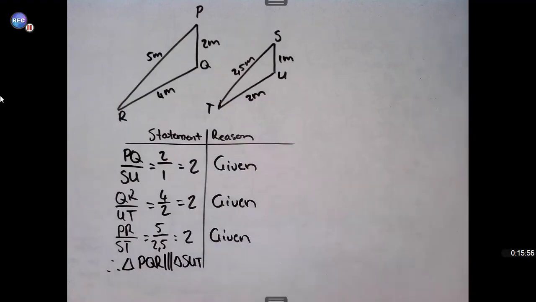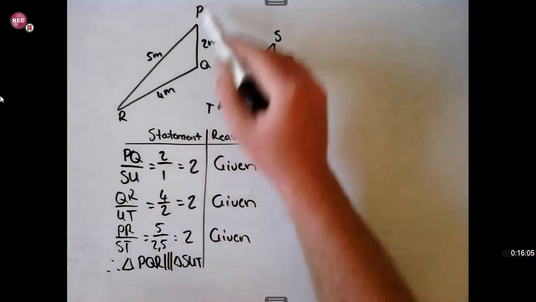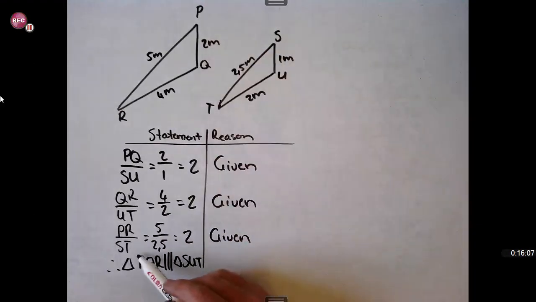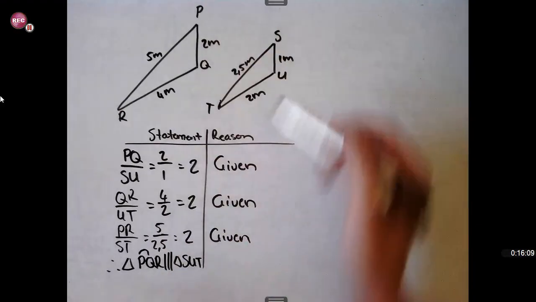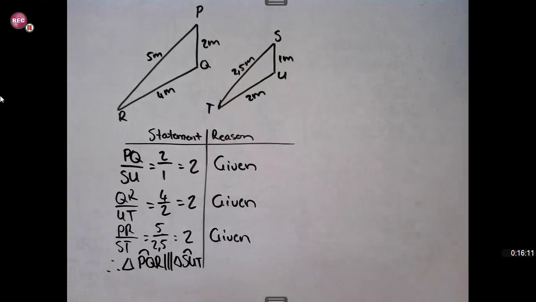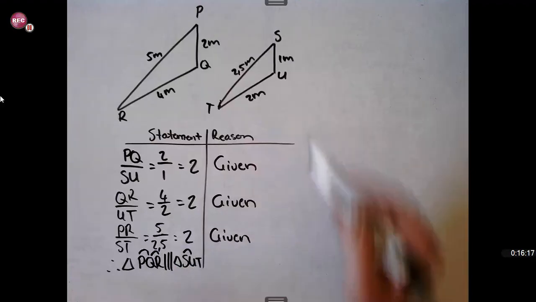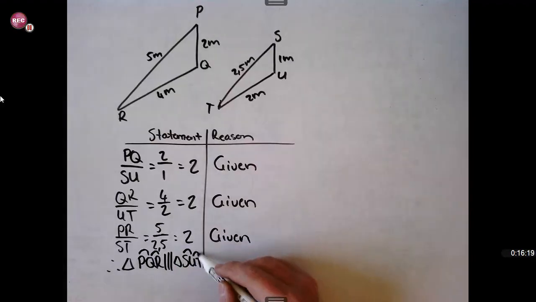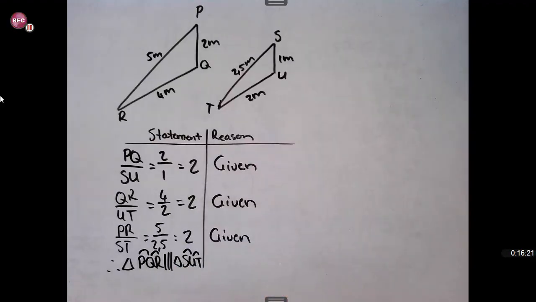Okay, now to check if the sides are corresponding sides, you can do the following. So PQ is obviously over here, so PQ and SU are corresponding sides. Okay, then you can check QR, QR is over here, and UT, they are corresponding sides.